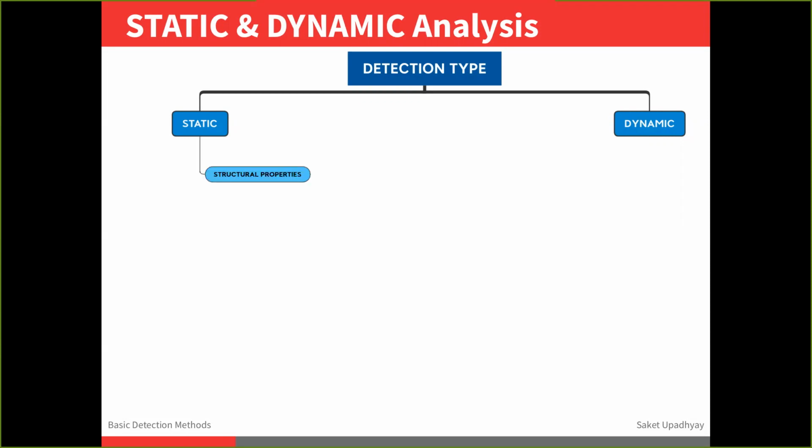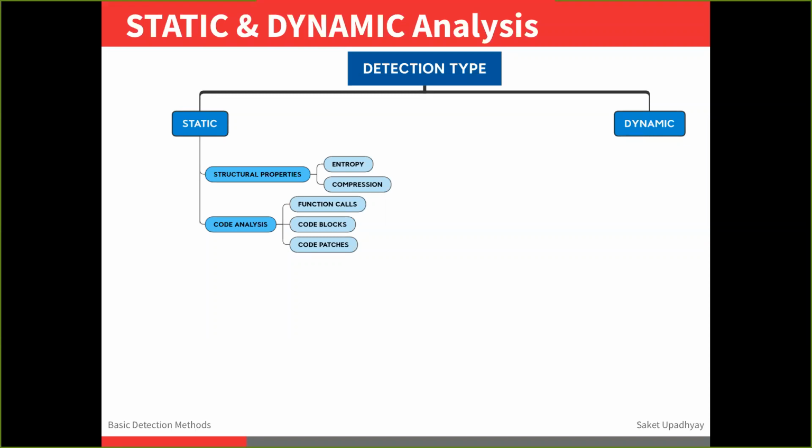In static, we can check for structural properties of the file. For example, it can be the entropy of the file. We can check if the file is compressed or not, highly encrypted or not, etc. Then we can do code analysis. If we are able to read the code from the malware file, we can check for certain things like function calls, code blocks, code patches.